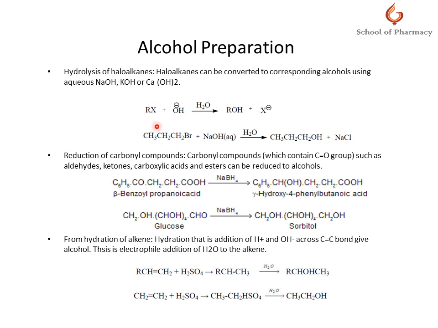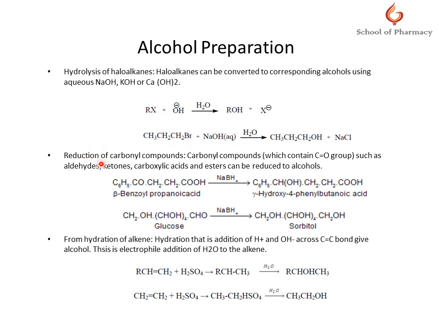With this method, primary and secondary alcohols are formed from primary and secondary alkyl halides. And as this is an SN1 reaction, the very important point is that the reaction can only be carried out when the reactant does not easily undergo the E2 elimination reaction. Then only can this hydrolysis of haloalkane take place.